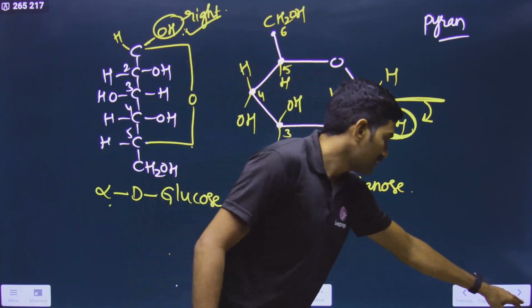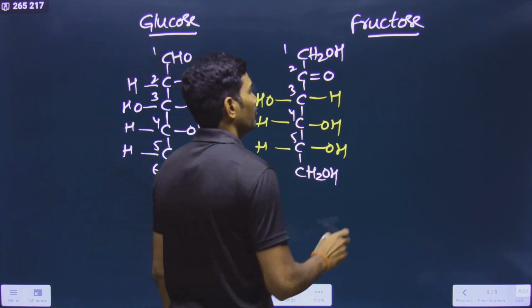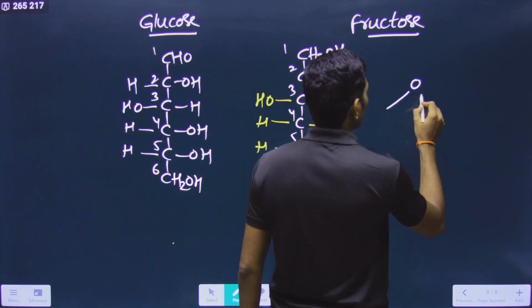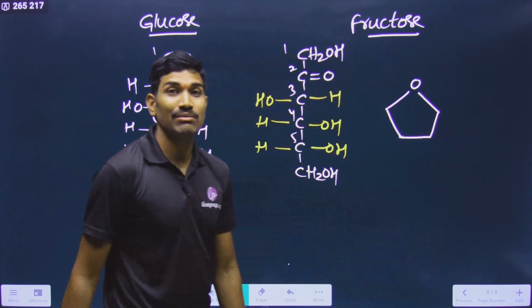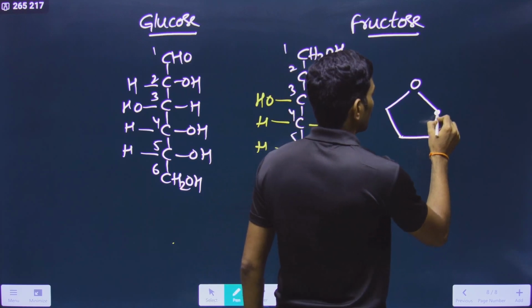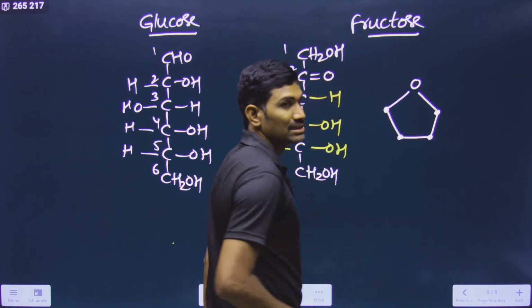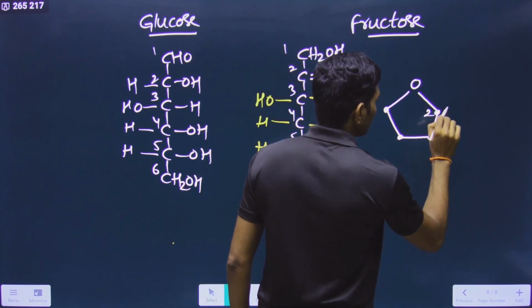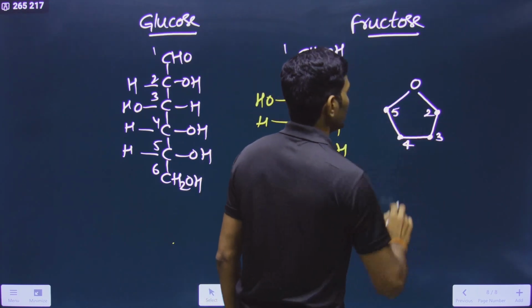But for the fructose structure, generally we again use the furan ring, like ribose sugar. But the problem here is that only 4 carbons are present in this ring. So what are these 4 carbons? Observe carefully. This is the second carbon, third carbon, fourth carbon, fifth carbon.